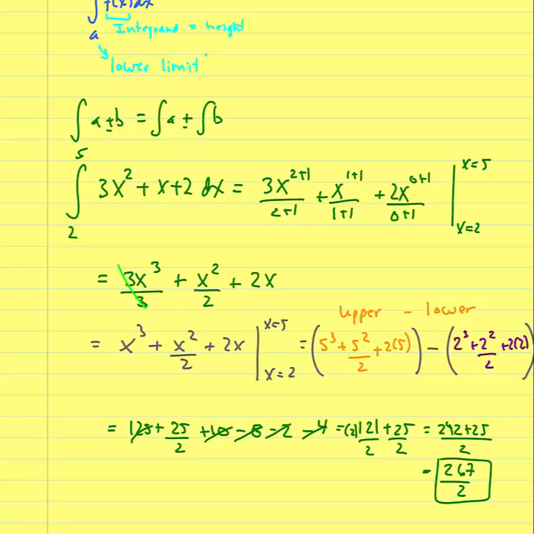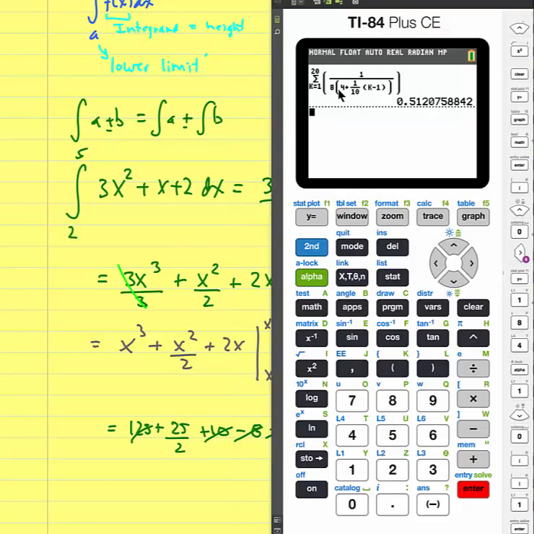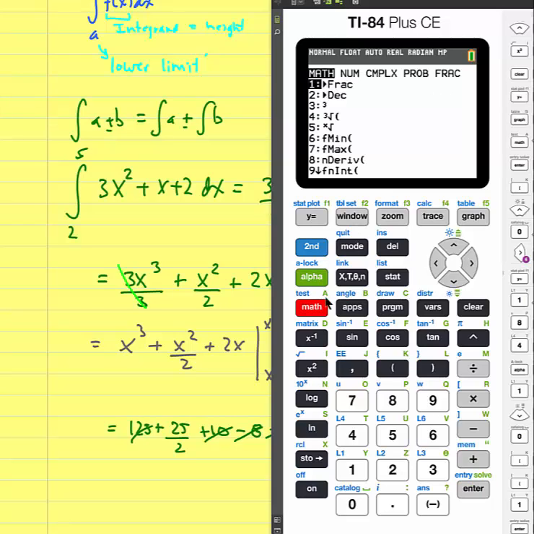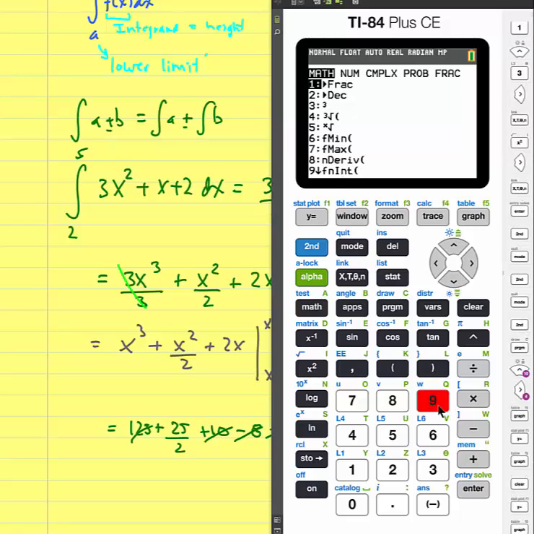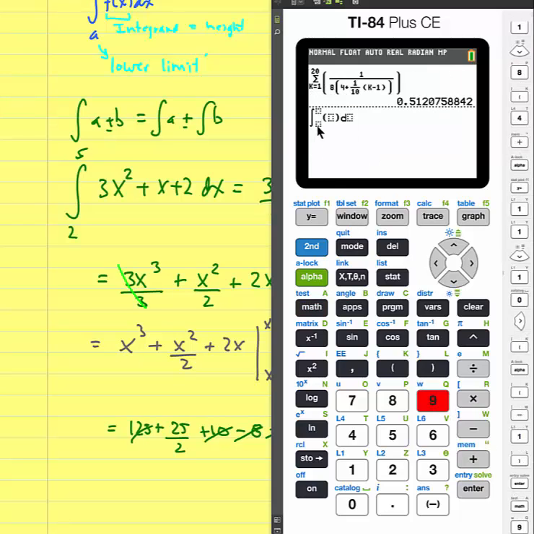In fact, let me pop open my calculator. That's going to be a whole other problem that we're going to work with. A lot of your calculators will do some of these basic integrations so you can check your work. If we go to math, and then we come down here to function integration, that's option 9 on my calculator. If you notice, we just fill everything in here from 2 to 5.